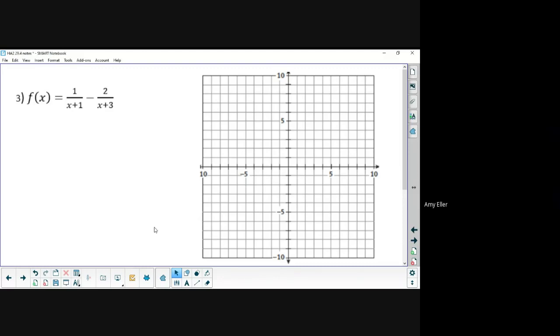All right, we are doing 29 for day 2. So we're starting by turning this into one fraction.